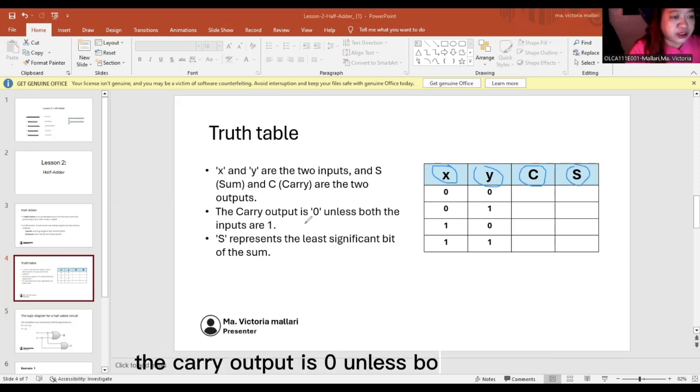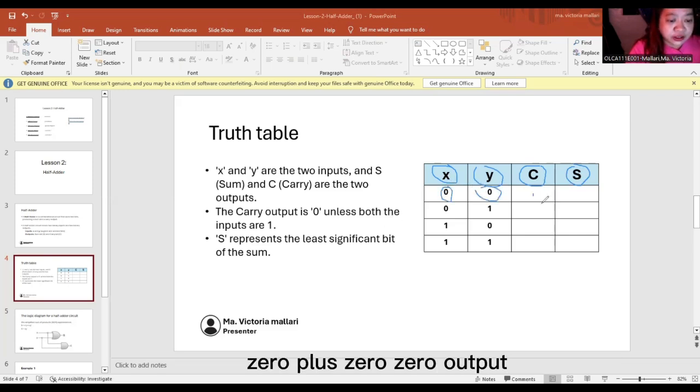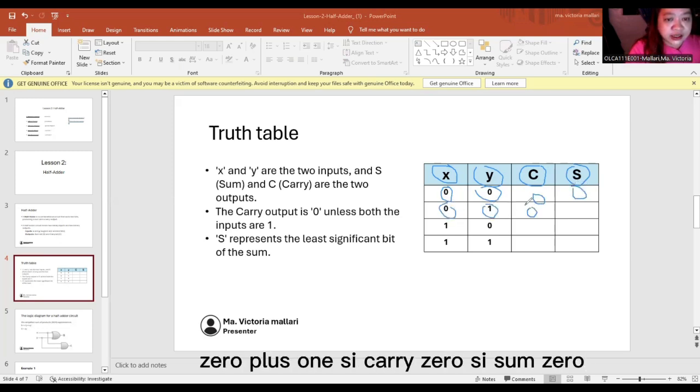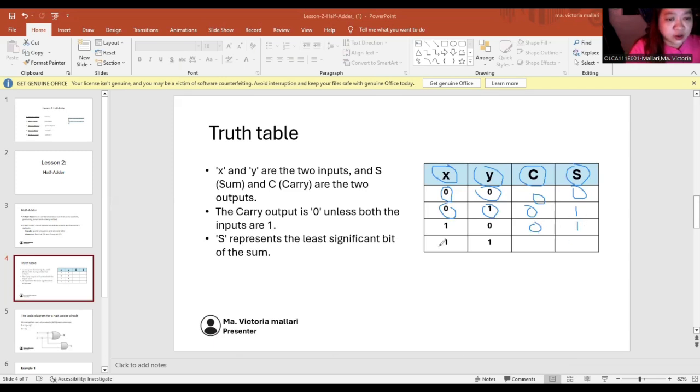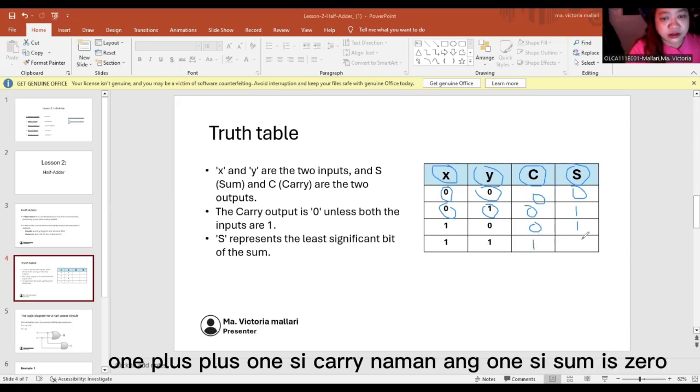The carry output is 0 unless both the inputs are 1. 0 plus 0, 0 output. 0 plus 1, carry is 0, sum is 1. 1 plus 0, carry is 0, sum is 1. 1 plus 1, carry naman ang magiging 1, then si sum ay magiging 0.